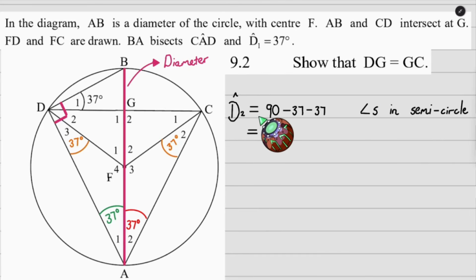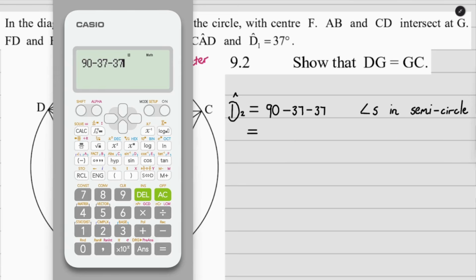So let's go ahead and jump into that statement and reason. I'm going to state that D2 equals 90 minus 37 minus another 37, because all 3 of these add up to 90. So it stands to reason if I take the 37s away from 90, it's just going to leave me with the size of D2. And don't take chances, straight in the calculator. So we slap that in there, hit equals, and we get 16 degrees for D2.